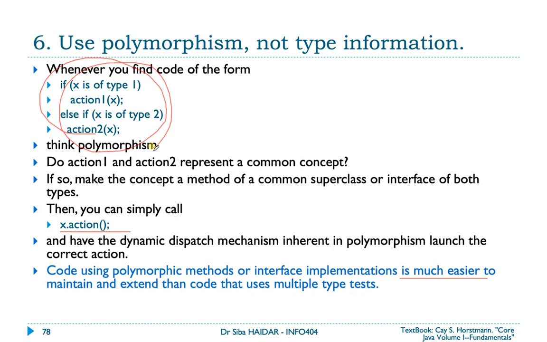Suppose you added another type. If you use polymorphism, the dynamic binding will resolve the issue. But if you are using this classical imperative way, not the object-oriented way, you will have to open your code and write another else statement here. This is not reusability, this is not expandability.